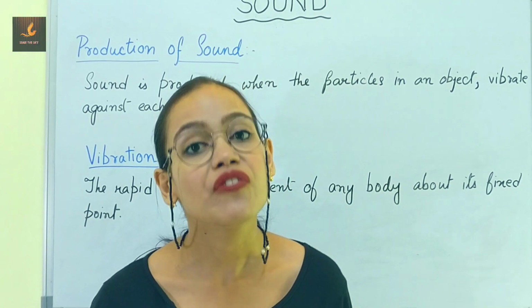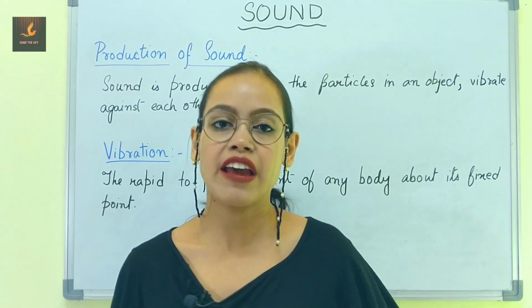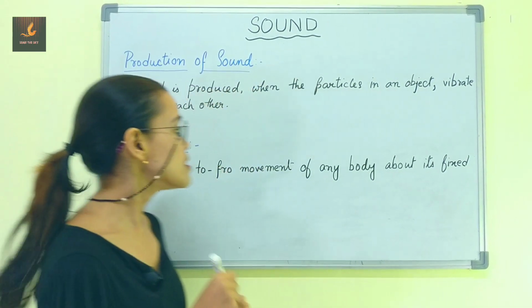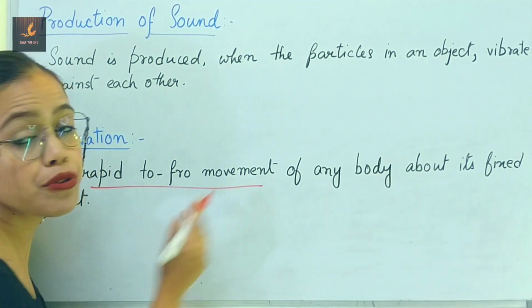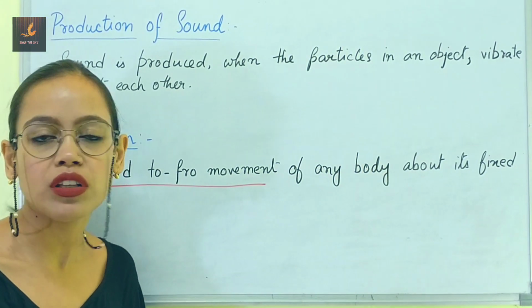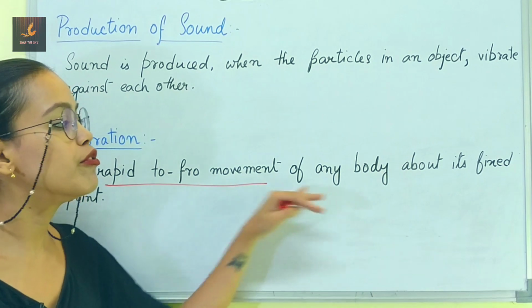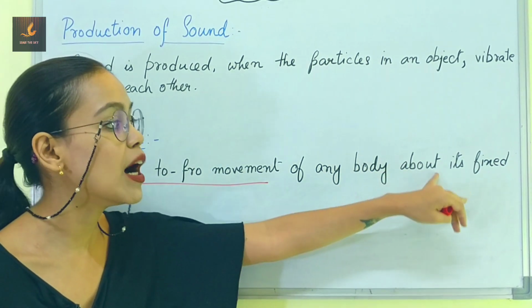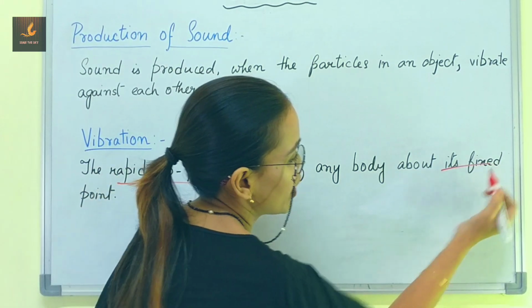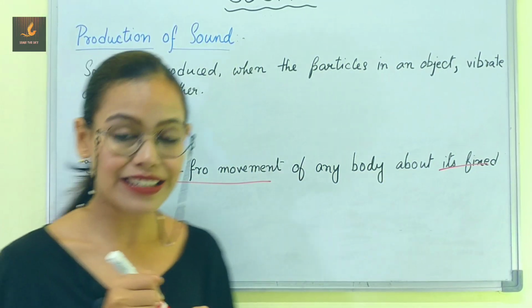So the very obvious question that arises in everybody's mind is, what is this vibration? Vibration is nothing but a rapid to and fro movement of any body, which can be a particle, a molecule, anything, about a fixed point from where it started.